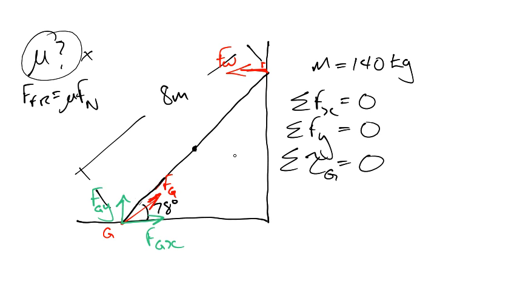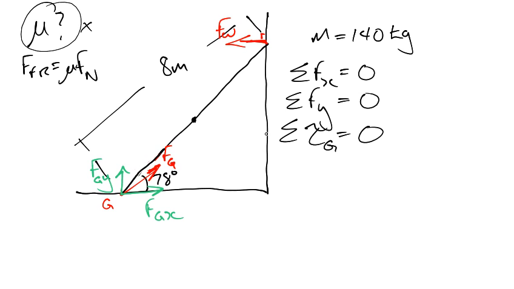Now, let's start with the first one. You can see that there are only two forces in the x direction, and therefore we'll say FGX positive minus FW equals 0.